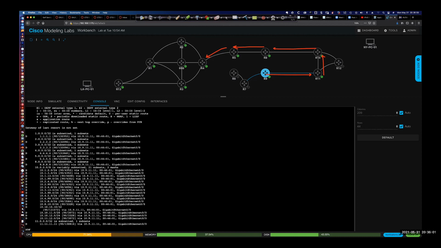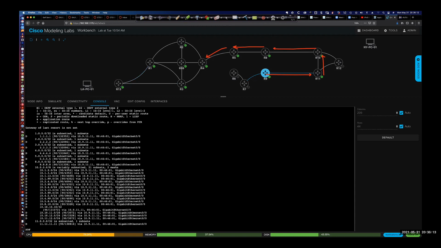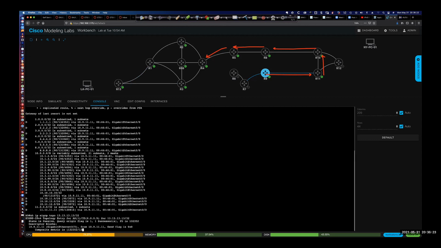So we've got router 13 up and running. It's got EIGRP going. And we've seen that if I come back over here to router 9, and I was to say show ip eigrp topology for the 13.13/32, we should see that that route is being advertised.